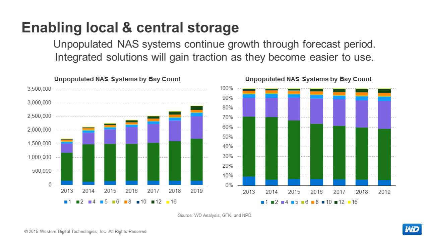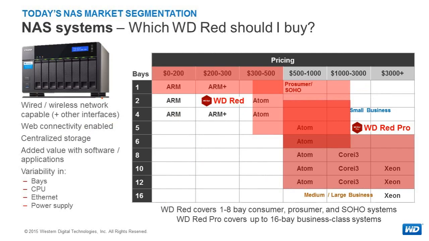Then when we look at the NAS systems, we do have two different Red drives to offer. We have a WD Red, and we have a WD Red Pro. For the lower end systems, we tend to recommend the WD Red drive, and I'll go through the specifics of what exactly the differences are between WD Red and WD Red Pro moving forward.